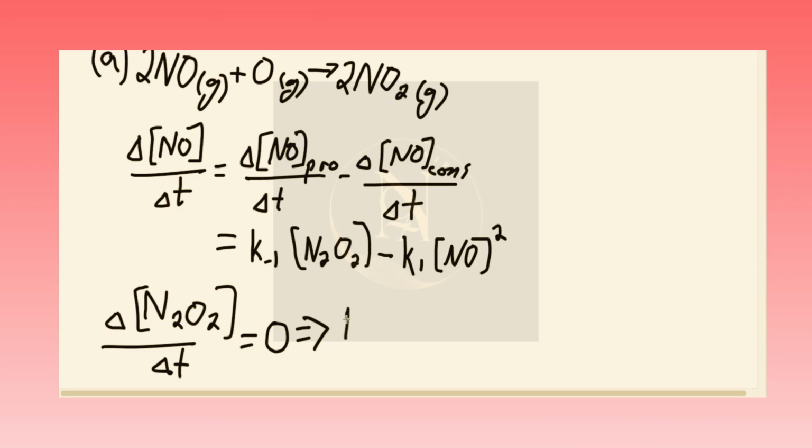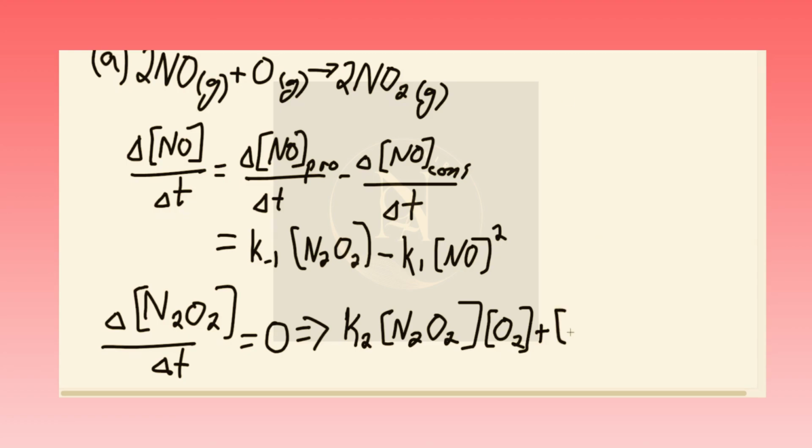So that means that k₂ times [N2O2] times [O2] is going to be equivalent to the rate at which it's being, hold on, there's one other guy here. So we have the amount at which it's being consumed, but it's also going to be consumed by the reaction going the opposite direction.